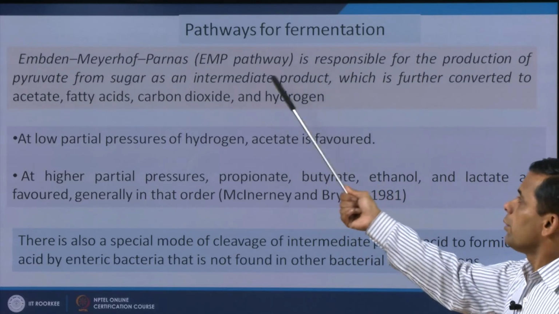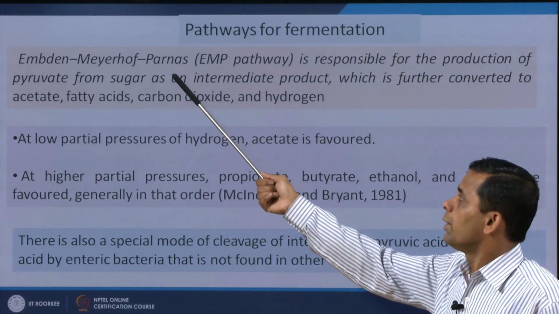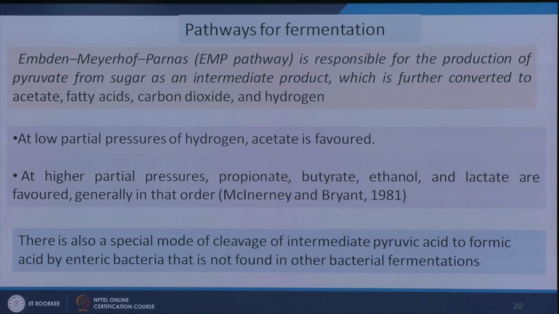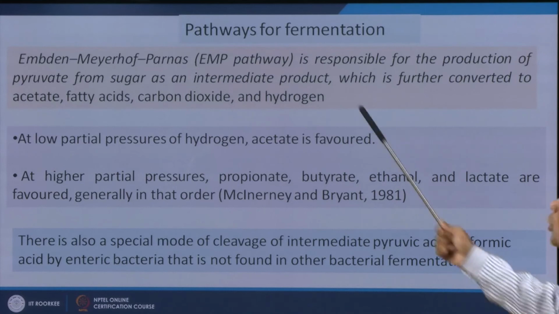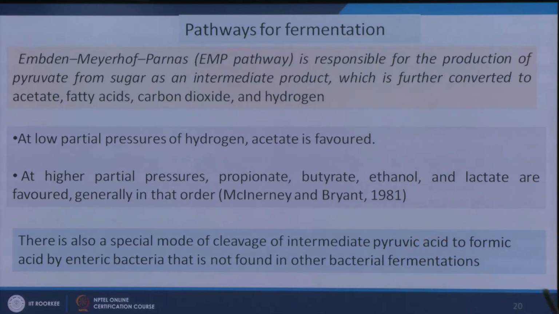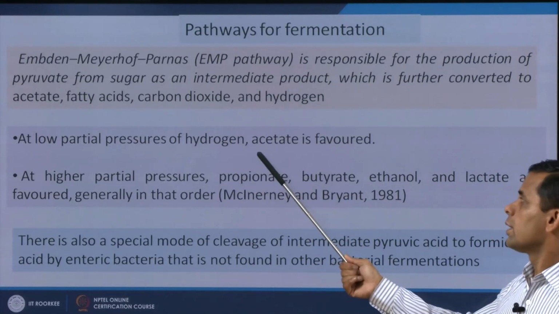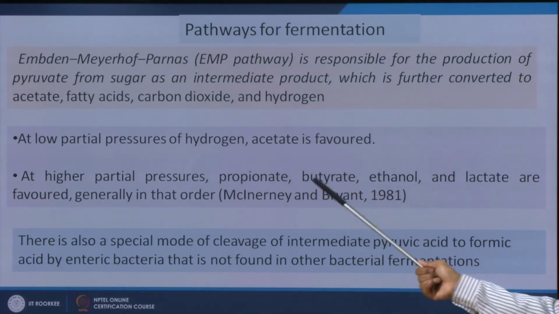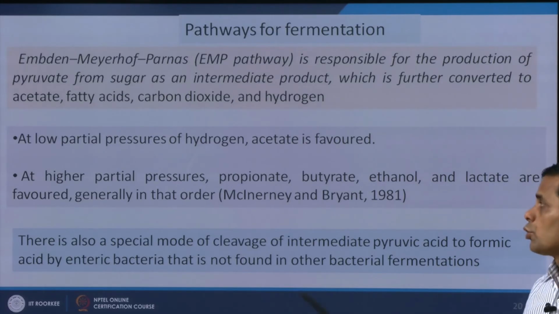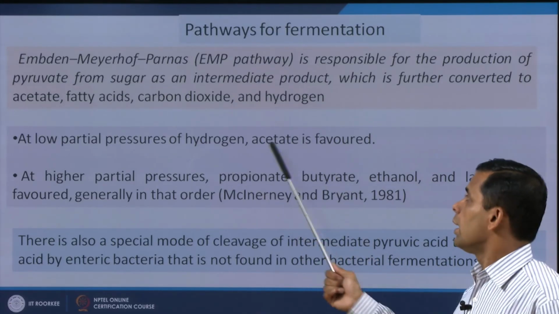The EMP pathway, that is the Embden-Meyerhof-Parnas pathway, explains the production of the intermediate product pyruvate from sugar. Then pyruvate is further converted to different acids, and depending upon the partial pressure of hydrogen in the system, acetate and other higher acids are formed. If the hydrogen pressure is lower, acetate is favored.